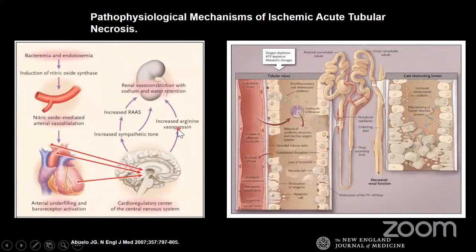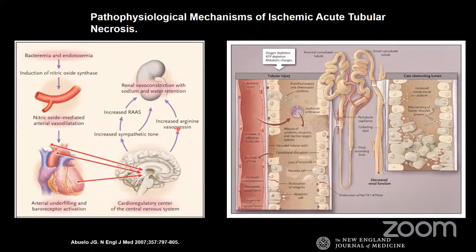Now, very important for you to note, I'll delve a bit deeper into the vasopressin. Remember at the nephrons, we have the afferent and the efferent arterioles. The whole idea is that at any one point, you want something that causes afferent arteriolar dilatation and efferent arteriolar constriction. That creates a pressure difference, and there's glomerular filtration.